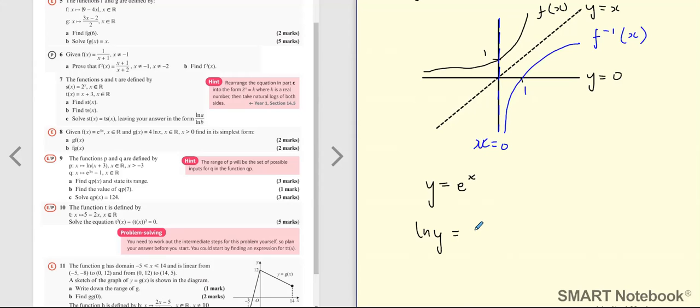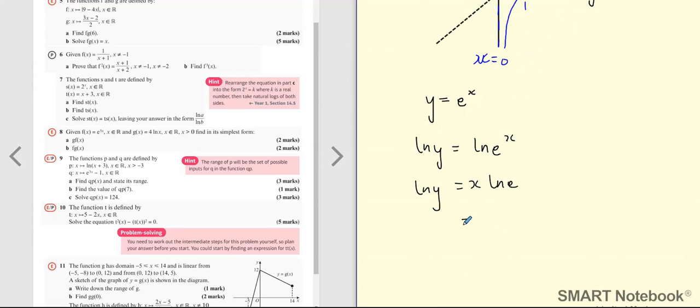We get ln e to the x, x ln e equals ln y, and ln e is 1, so x equals ln y. So we've made x a subject now.